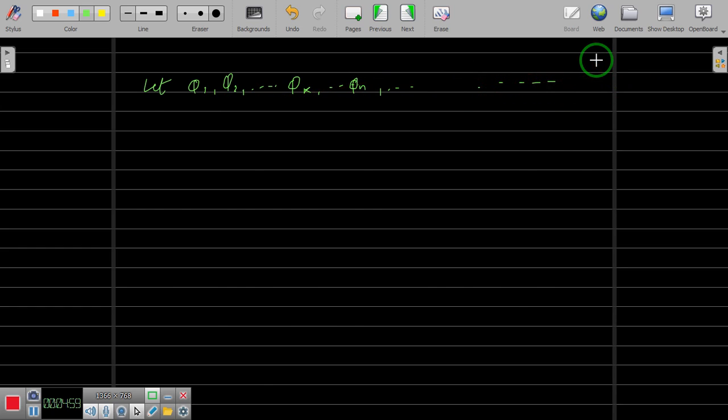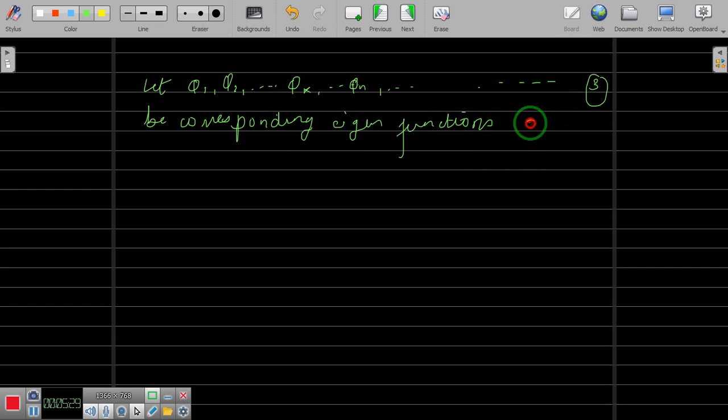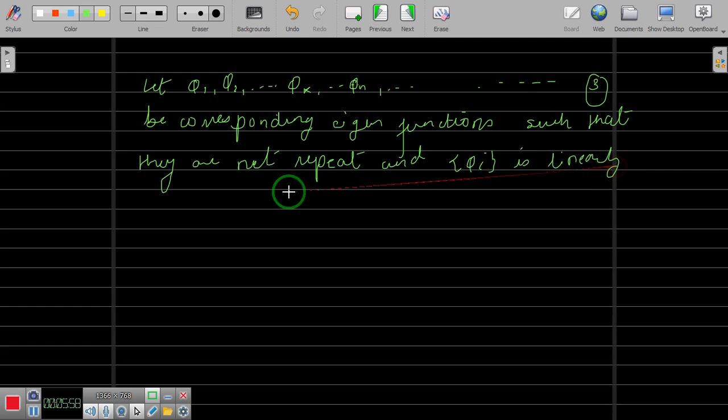Let us take this as equation number 3, such that they are not repeated, and if you take all these phi i's, then they are linearly independent.